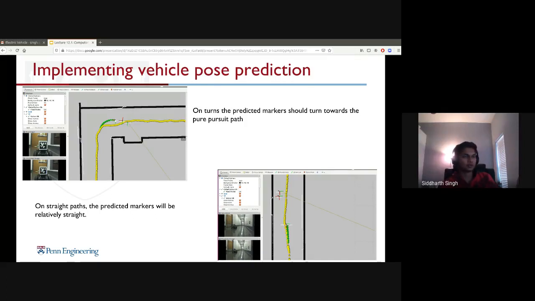Any other questions about RRT or Pure Pursuit? Since Pali is still here. Guess not. All right.